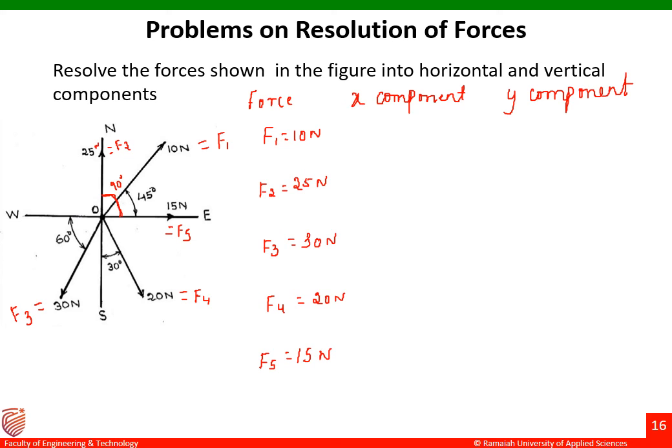We'll find out the x component and y component of all these forces. Let us go for the force F1 equal to 10 Newton. The formula for the x component would be F cos theta, that is 10 into cos 45 degrees.